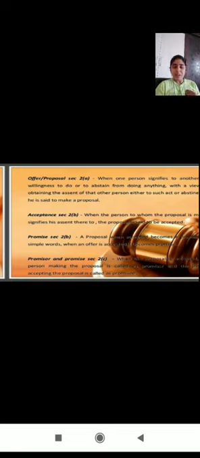Why is he telling B? If B wants to buy the car, he will automatically give an acceptance. In that view, A wants the acceptance from B. That's why he is making an offer. So that is the definition of the offer.